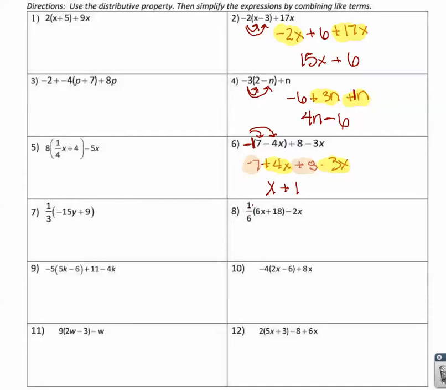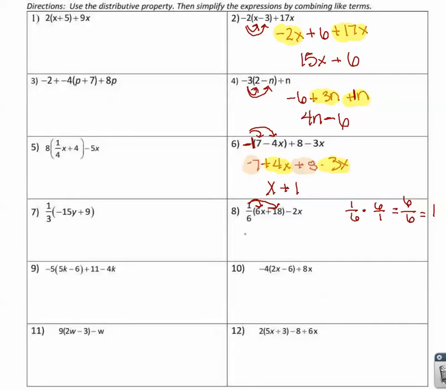And number 8, 1/6 times 6x and 1/6 times 18. Remember, when you multiply fractions times a whole number, place a 1 underneath the whole number and you go straight across. 1 times 6 is 6. 6 times 1 is 6. Now simplify.